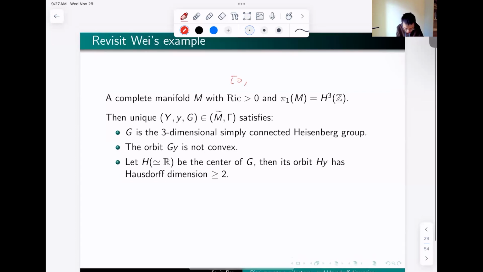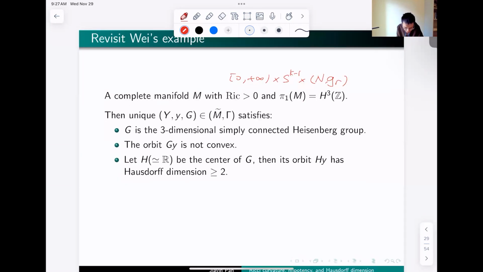So maybe I should write this here. Then we take its universal cover, and we ask how the asymptotic cone looks. This again goes back to one of the first slides where we listed these two results side by side, because it shouldn't be a metric cone.